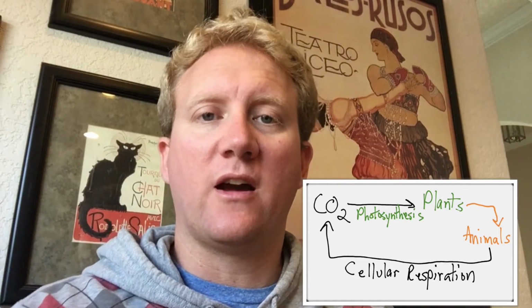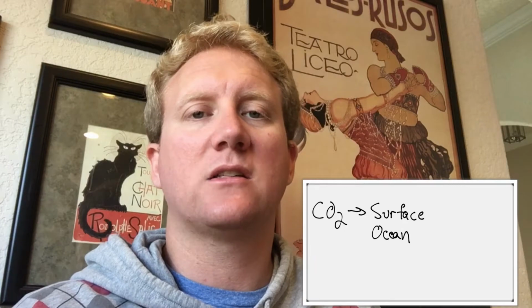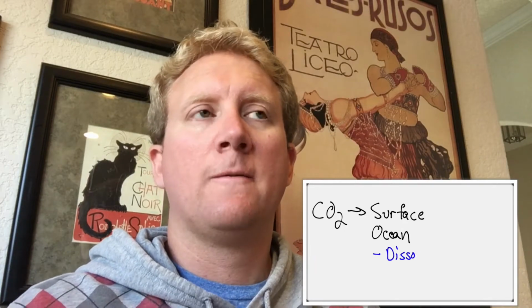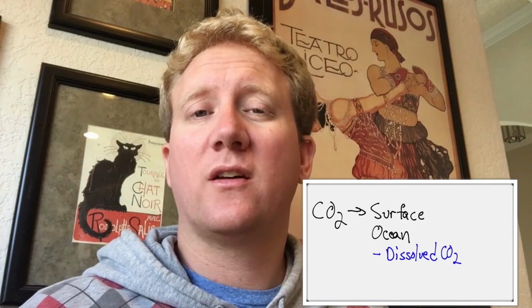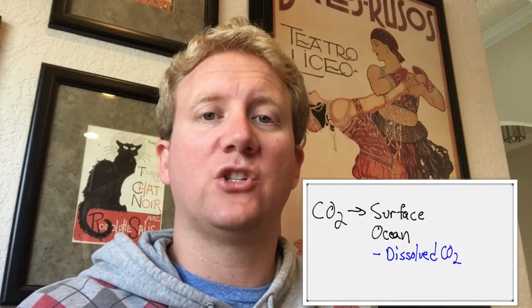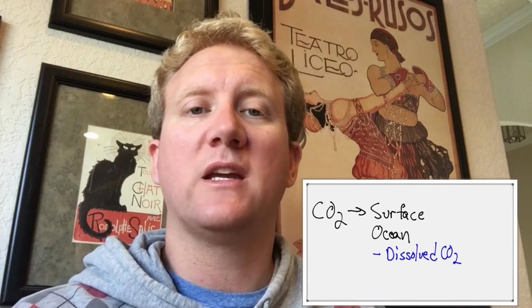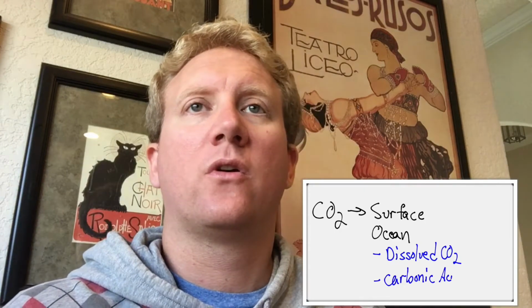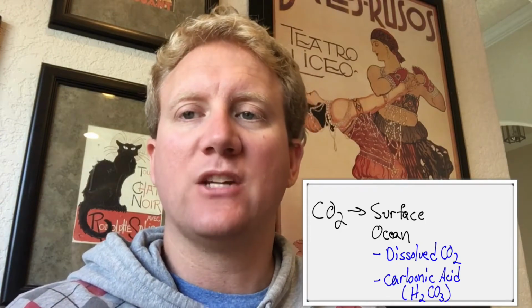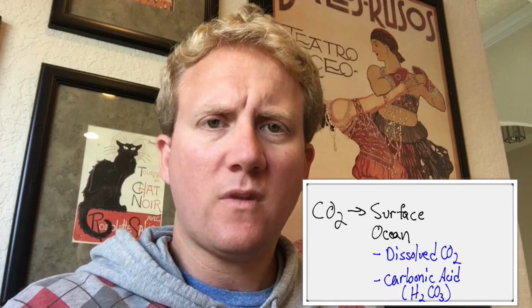Sometimes, though, that carbon dioxide goes into the ocean directly, and so it can either dissolve in as carbon dioxide, in which case it's kind of like the carbonation in your soda. It makes it kind of fizzy. Usually, though, it makes the acid carbonic acid, H2CO3.